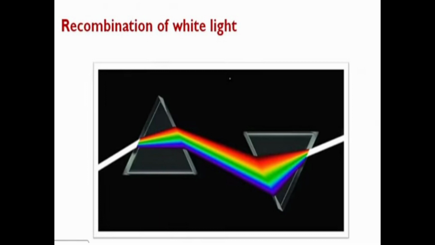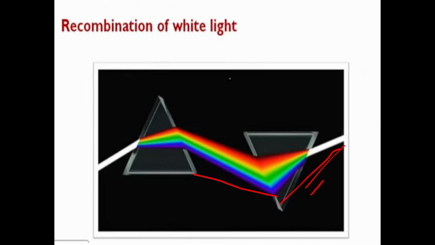He tried to split the colors of the spectrum of white light further by using another similar glass prism. He wanted to recombine these split colors into white light.